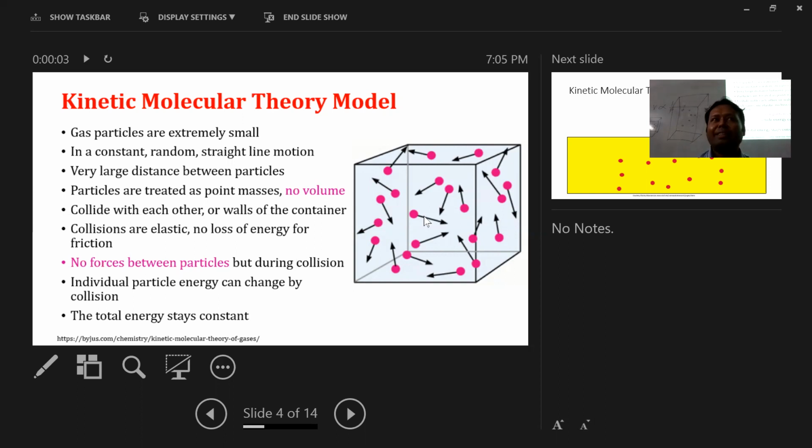How can we prove that? If there were no intermolecular attraction, we could not have liquid water or ice. We would always have water vapor.